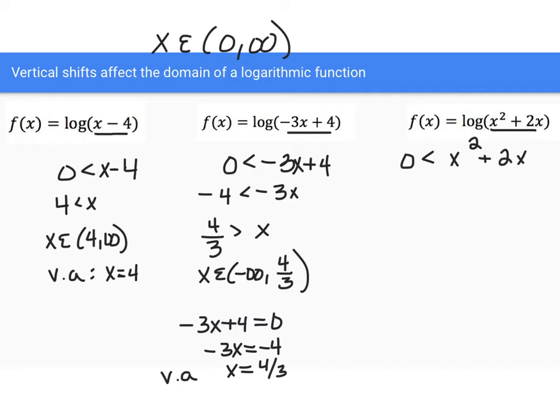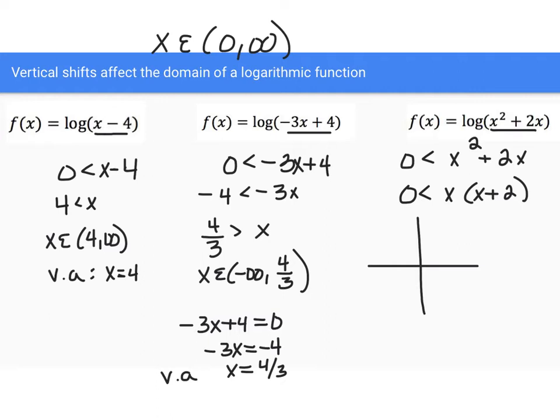This is a quadratic inequality. Again, we dealt with this in chapter 3, as well as in chapter 4 when we were dealing with some of our rational functions. I need to figure out where this quadratic is greater than 0. Start by figuring out when it's equal to 0, kind of again by factoring. We've done factoring a lot to understand how that one works.